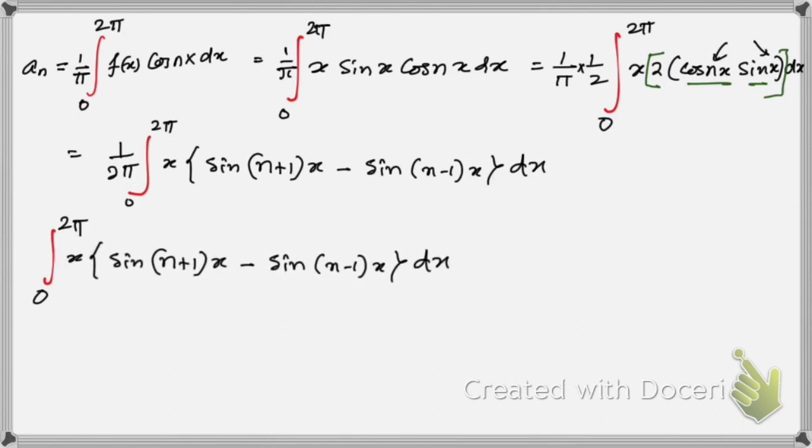So that is what we have got. So again, use the product rule here. Use this product rule, integration u v dx is equal to u integration of v dx minus integration of derivative of u integration v dx, then whole dx.